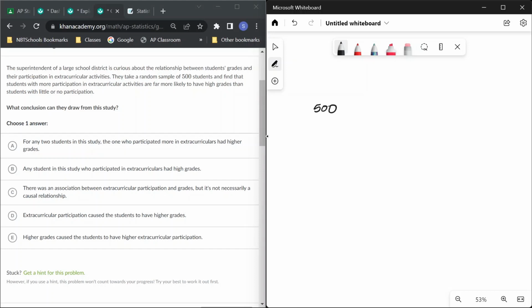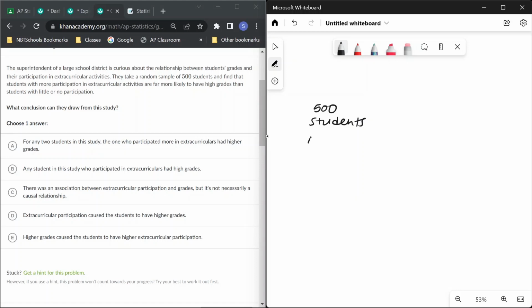So we have 500 students, and find that students with more participation in extracurricular activities are far more likely to have high grades than students with little or no participation. There was no random assignment. So it's definitely an observational study because there's no random assignment.